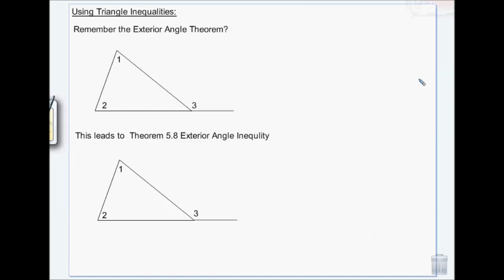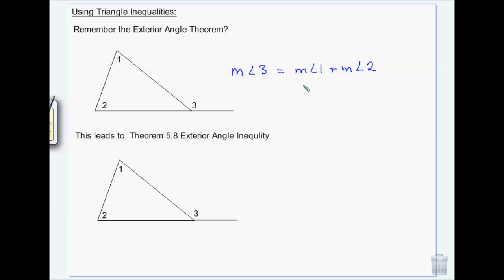For the exterior angle theorem, it's like the same thing as algebra. Angle 3 is equal to 1 and 2 added together.